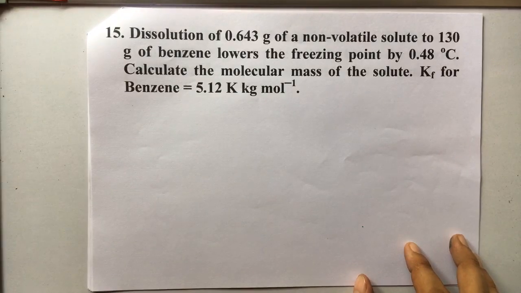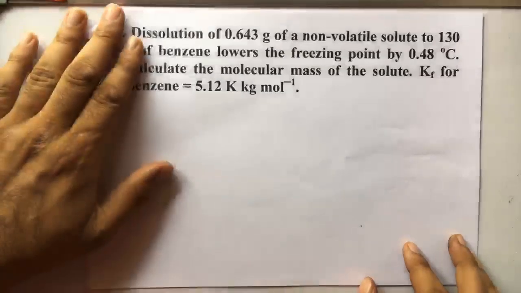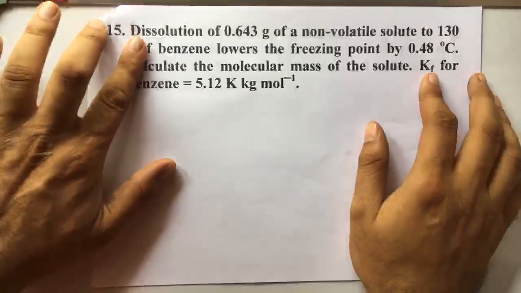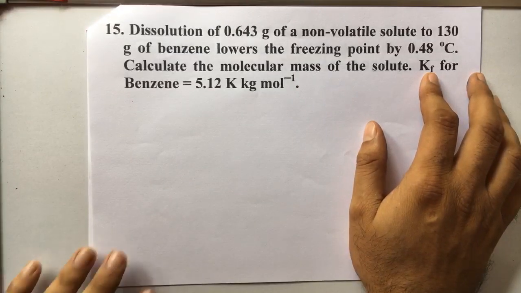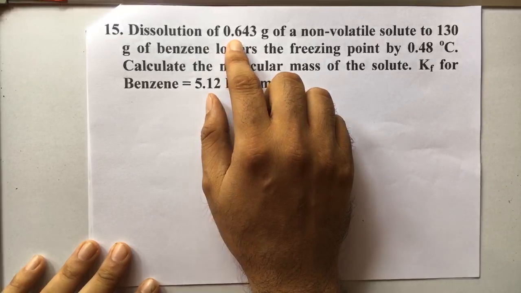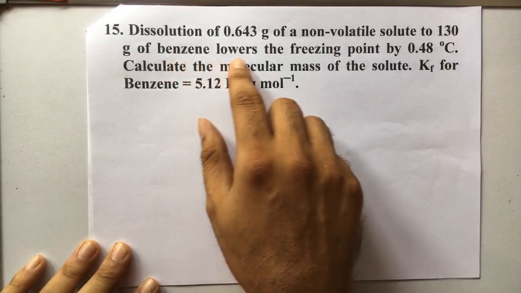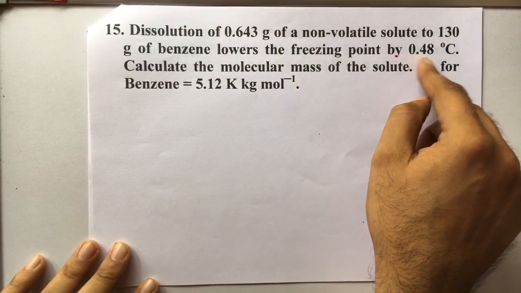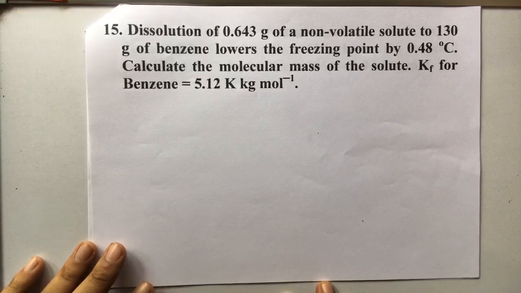Once again, this problem is given in your study material, on page number 89, question number 15. Dissolution of 0.643 gram of a non-volatile solute in 130 grams of benzene lowers the freezing point by 0.48 degrees Celsius. Calculate the molecular mass of the solute.